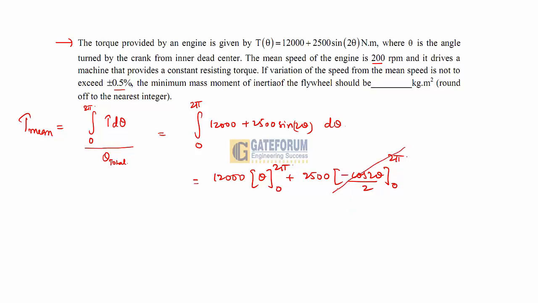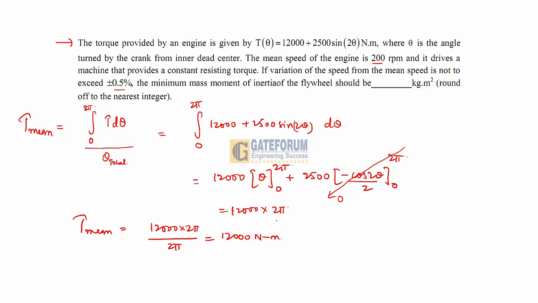So this will be 0, and the other will be 12,000 into 2 pi. So T mean will be equal to 12,000 into 2 pi by 2 pi, which is equal to 12,000 Newton meter.